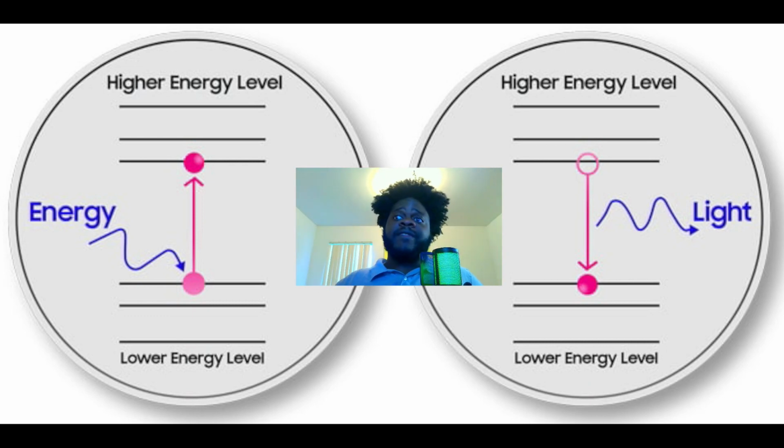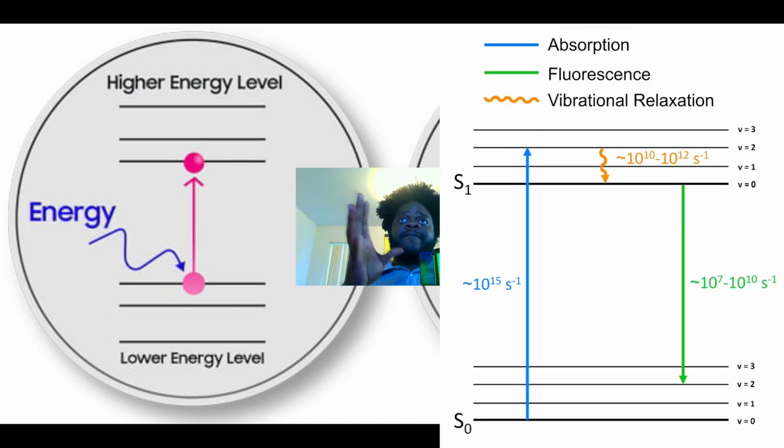It's usually at a longer wavelength, and that shift in the difference between the absorption and the emission is that Stokes shift, and this is because of these different vibrational transitions that are happening. So between the electronic states, there's vibrational states, and the electrons move between these vibrational states before going back down to the different electronic states. So that's where that Stokes shift comes from.